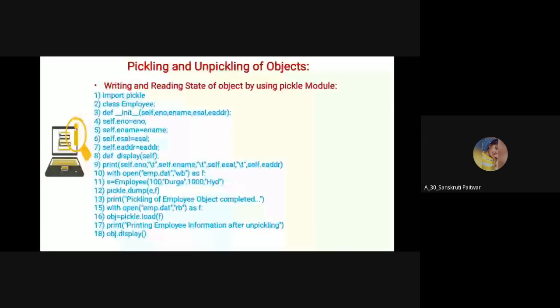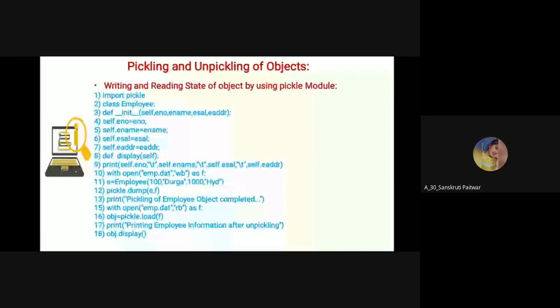That will be unpickled, and we get the obj object, and we can call the display method, so that we come to know whether the state of the object we have written previously in emp.dat is unpickled or not.